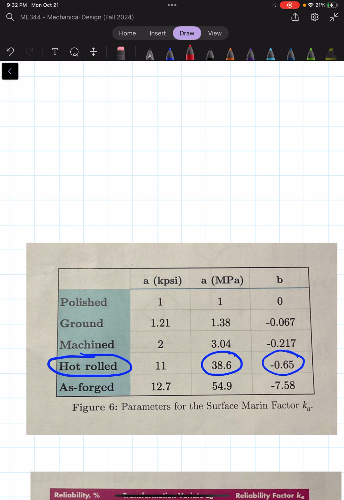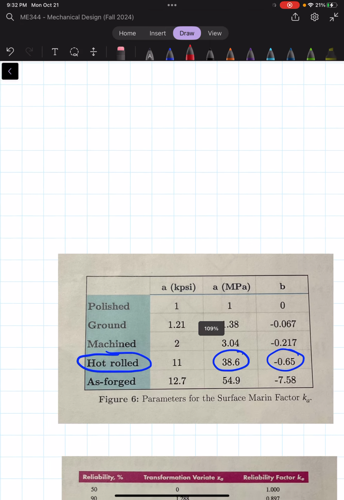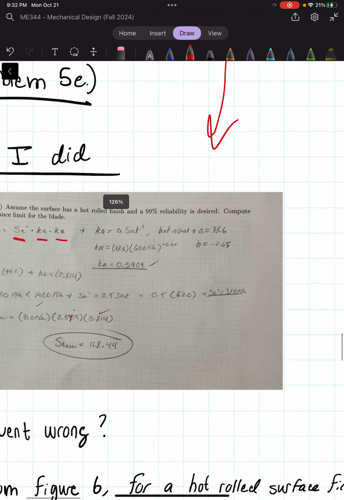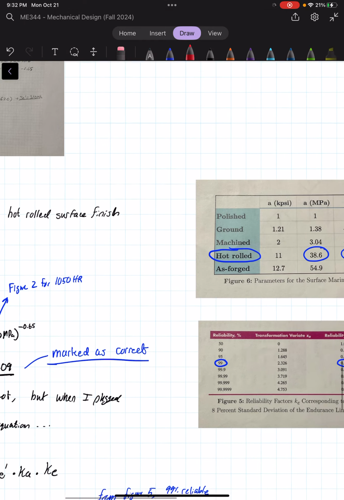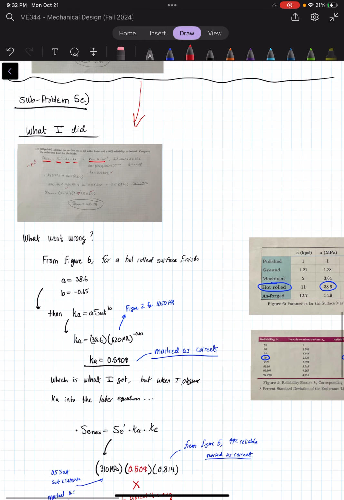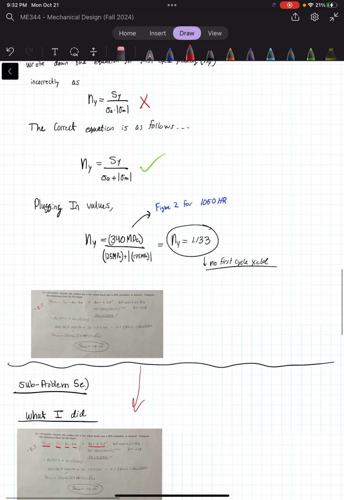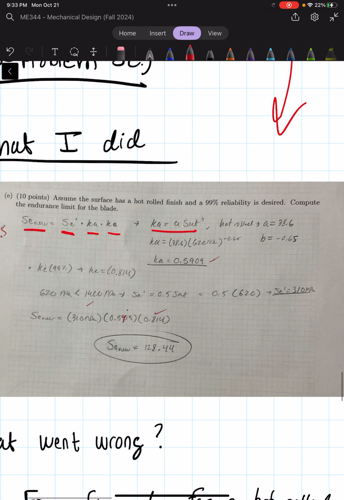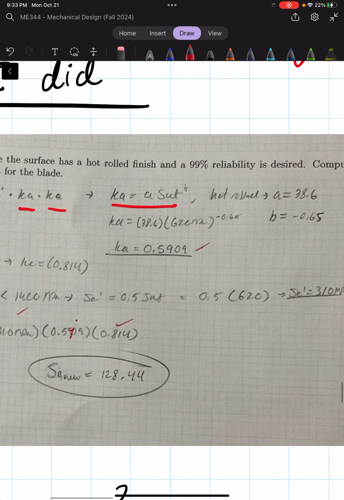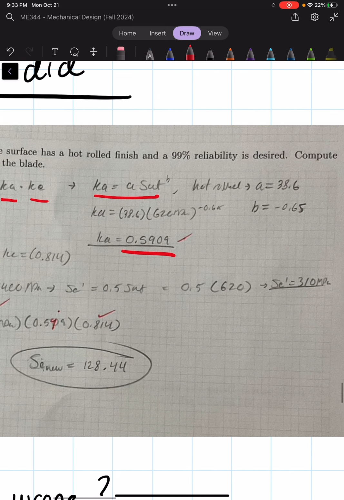I got 38.6 and negative 0.65 for a and b respectively. Ka is related to them by this equation. The ultimate strength was given from the table, figure 2 in the back for 1050 hot rolled steel. And that gave me a Ka Marin factor of 0.5909.